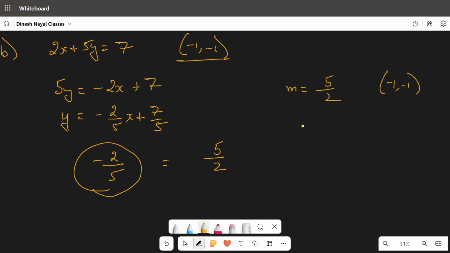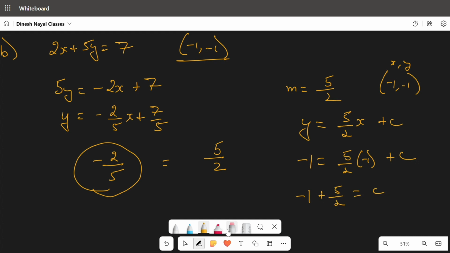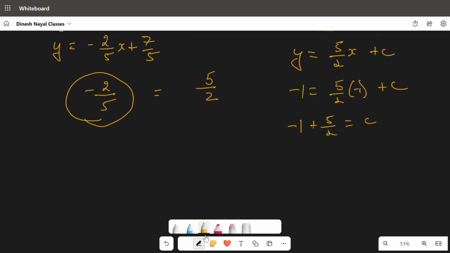So this will be y equals mx plus c, that is y equals 5 by 2 x plus c, substituting this point as (x, y). So minus 1 equals 5 by 2 times minus 1 plus c. Now this is minus 5 by 2 plus c, so minus 1 plus 5 by 2 equals c.